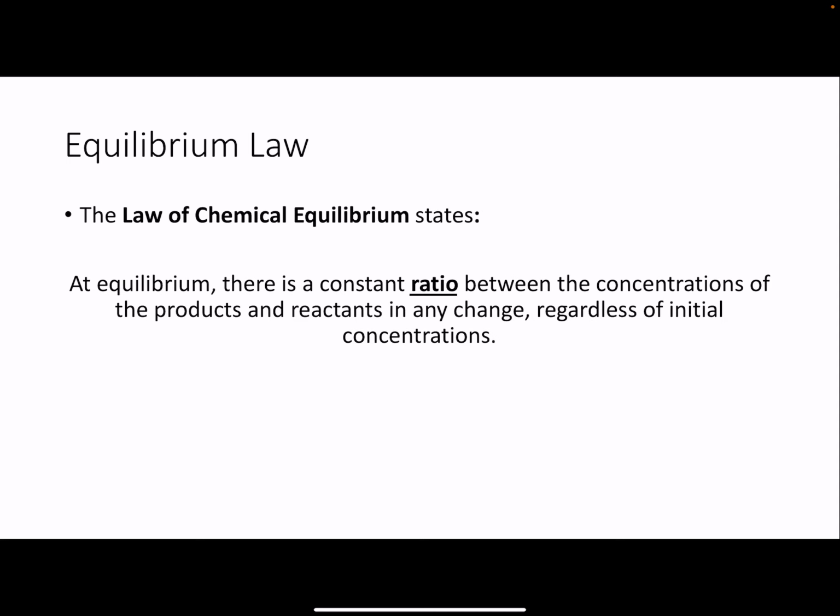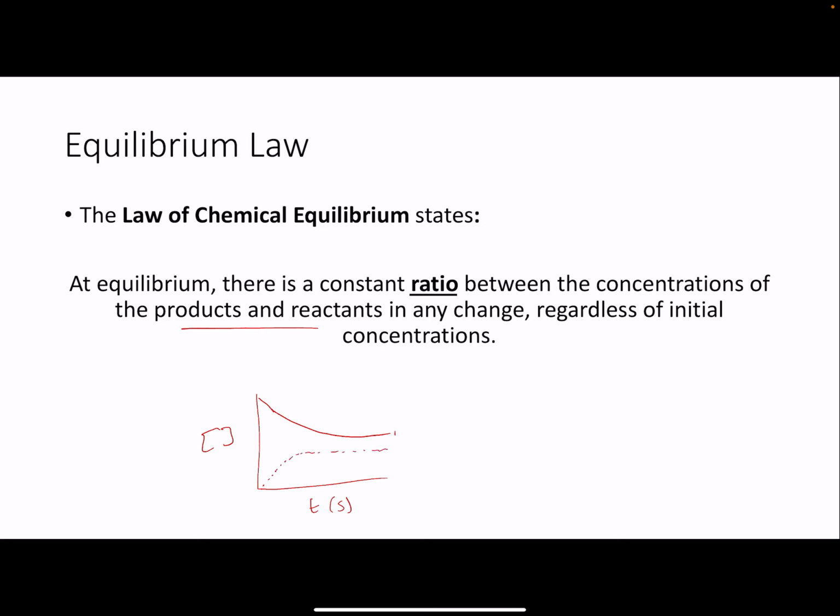At equilibrium, there's a constant ratio between the concentrations of products and reactants in any change, regardless of initial concentration. What that means is that when the reaction is finished, there will be some reactants left and some products, and we used those graphs in the first lesson, concentration versus time graphs. We lost reactants and we gained products.